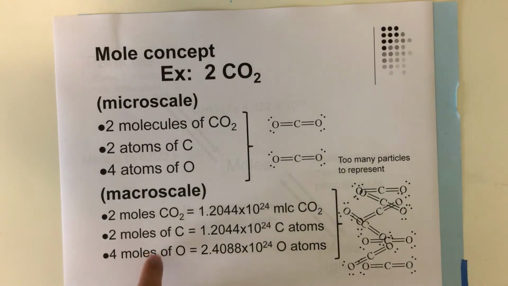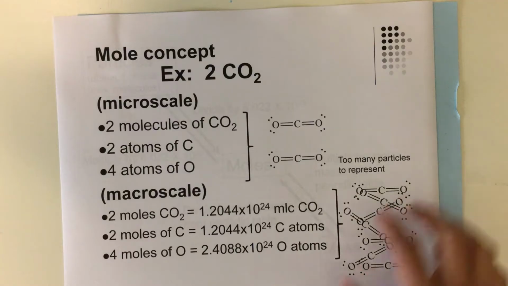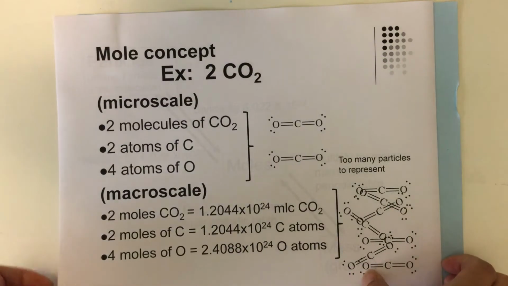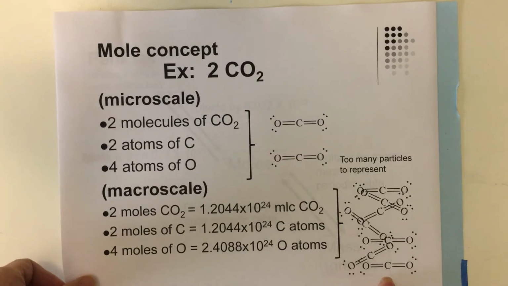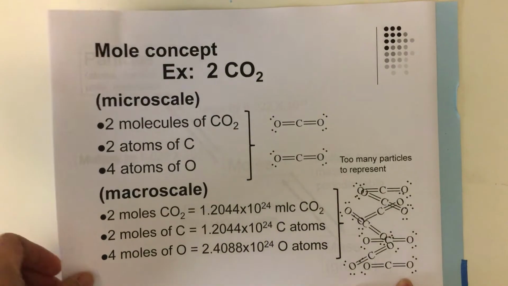So that's represented in the conversions that you see here. So there's 2 moles of carbon dioxide, which means there's 2 moles of carbon and 4 moles of oxygen. Again, too many for us to represent. So I put as many molecules as I could put into that little area there. But we would see 1.2044 times 10 to the 24th carbon dioxide molecules if we wanted to represent the macro scale.